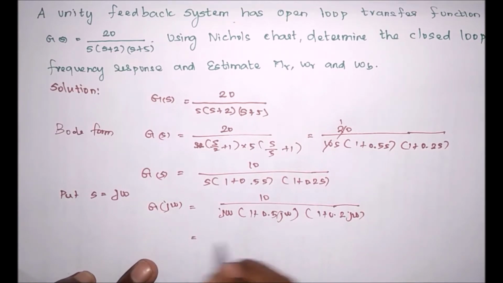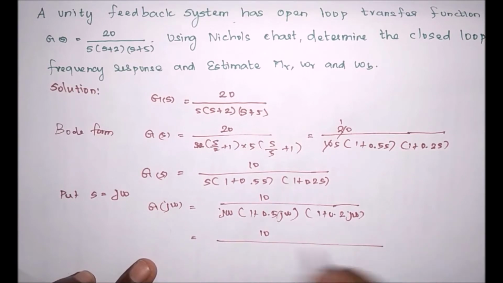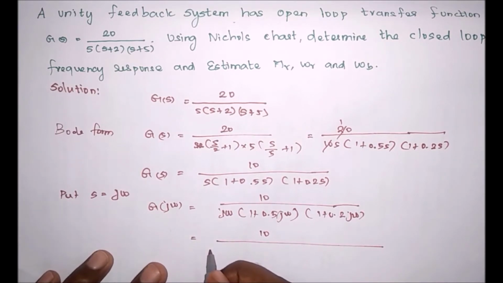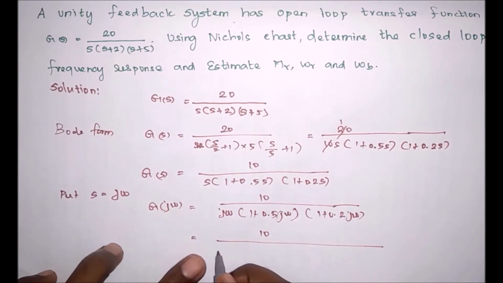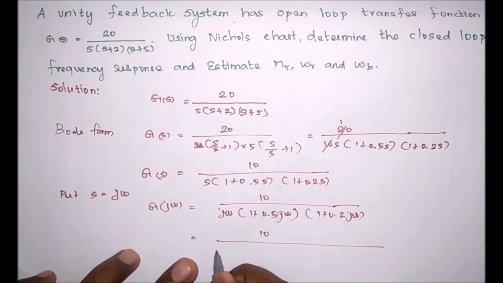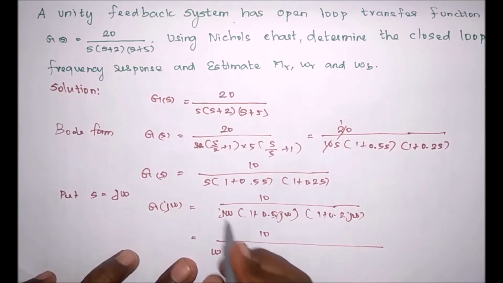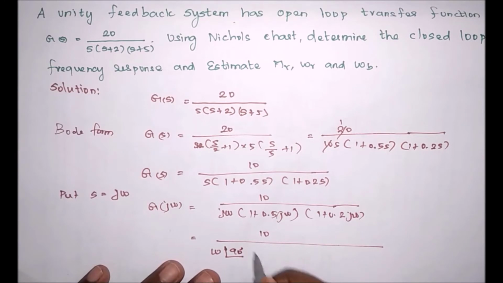For the omega term, the magnitude is square root of omega square, therefore omega, and its angle is 90 degrees. If it is a j omega term alone it means 90, j omega square means 180, cube means 270, and likewise.